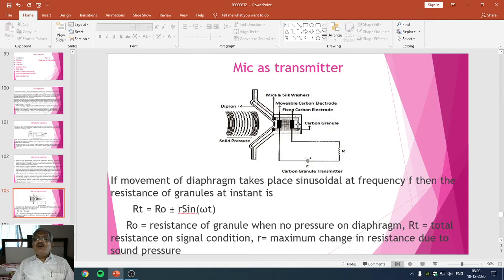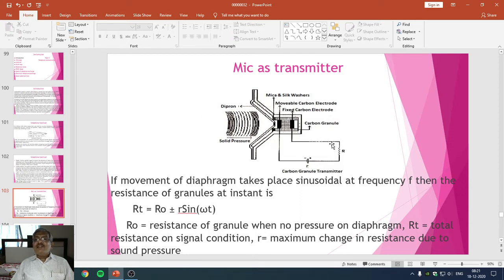The movable electrode and fixed electrode are both placed in the carbon granule chamber. The movable electrode is connected with the diaphragm by using mica and silk washers. The fixed and movable electrodes are provided with a DC supply, say capital E, in series with the load resistance R. Across this R, we get electrical pulses or electrical voltage proportional to the applied sound pressure.